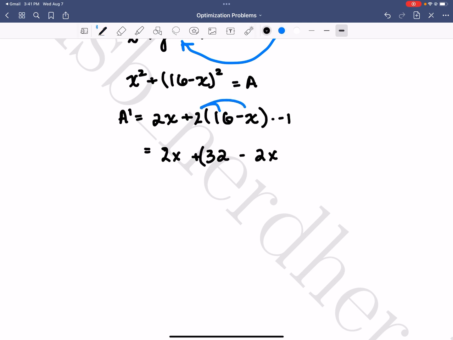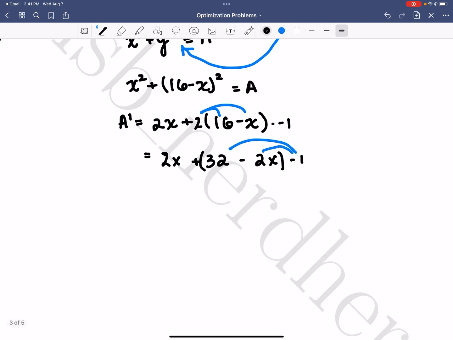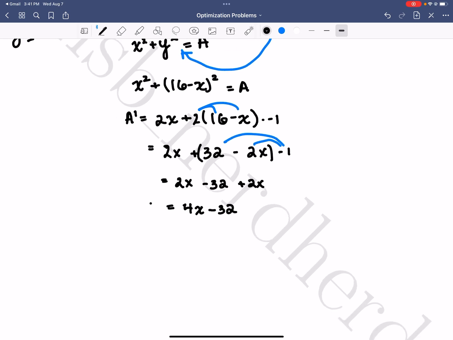And we still have this times negative 1. So now I'm going to distribute the negative 1 over. That's going to give me 2x minus 32 plus 2x equals 4x minus 32. All right, so this is all a prime.